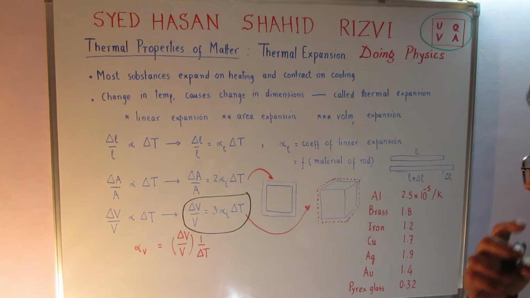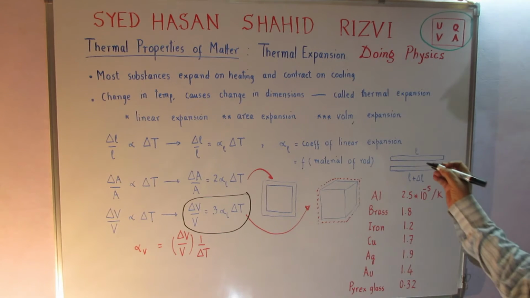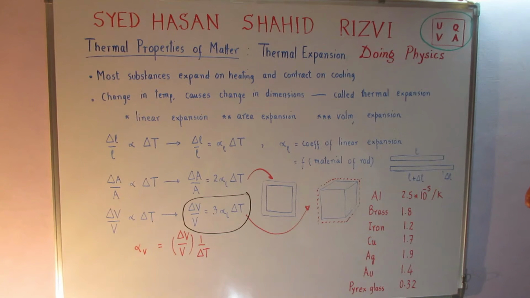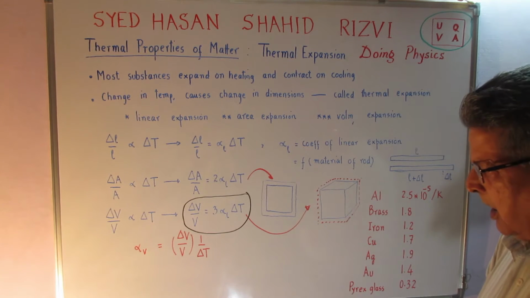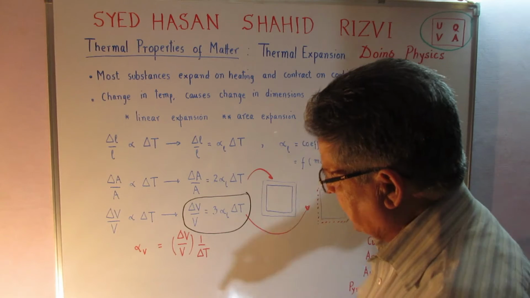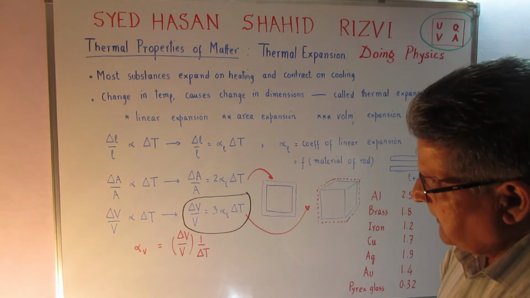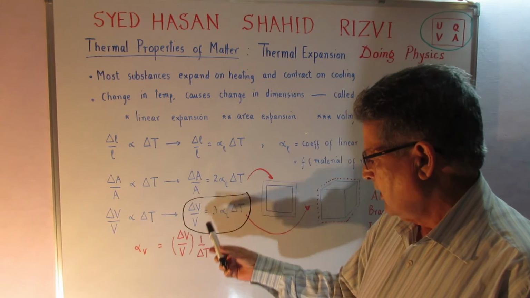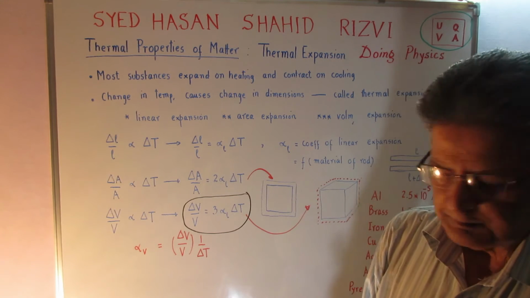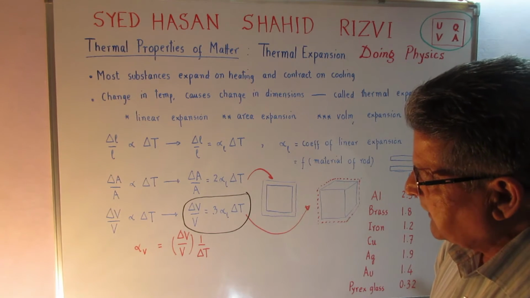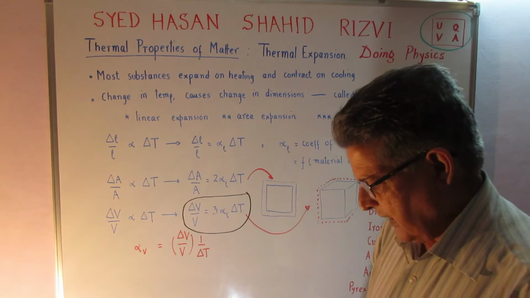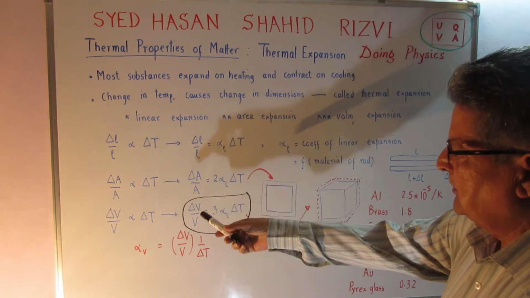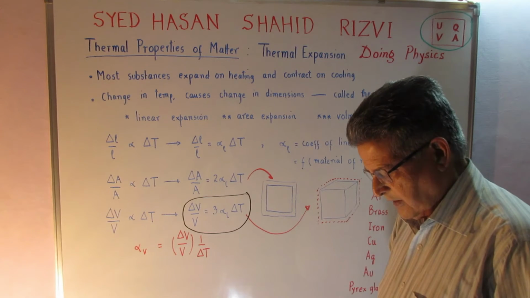Okay. Now, as I told you, the length L becomes L plus delta L, there is an expansion of delta L. But for the case of volume, we define the same way, that alpha V is equal to delta V upon V, whole thing divided by delta T. Why I have taken this is to tell you that it's not as linear as in the case of these values of temperatures 0 to 100 degrees Celsius.